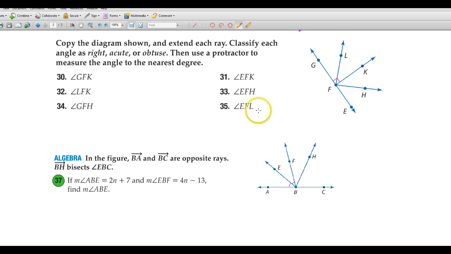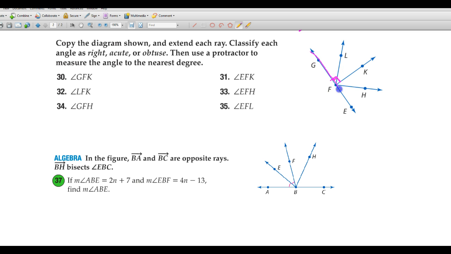Copy the diagram shown, extend each ray, classify each angle as right, acute, or obtuse, then use a protractor to measure the angle to the nearest degree. Alright, so on 31, we'll start with angle EFK. Okay, so our key there is this box on the other side.